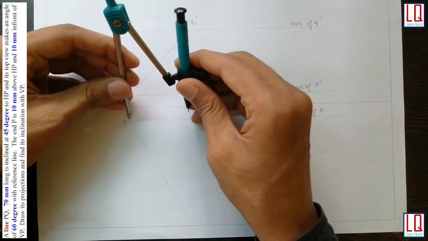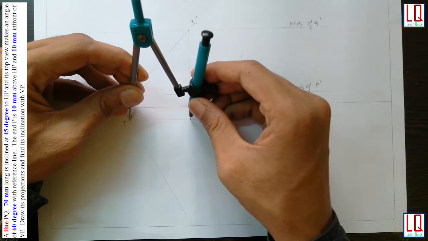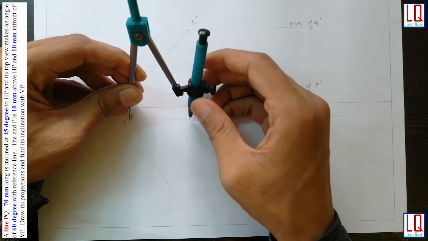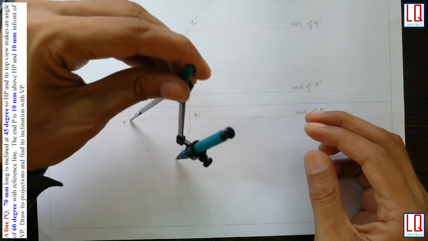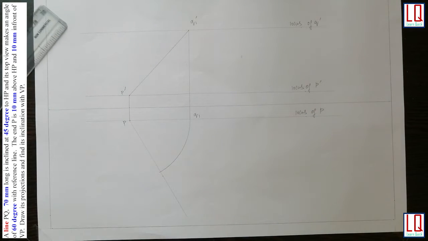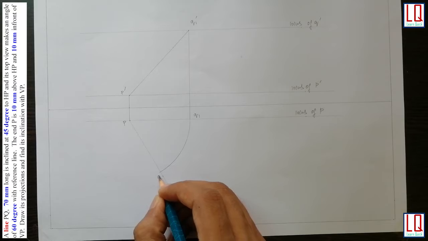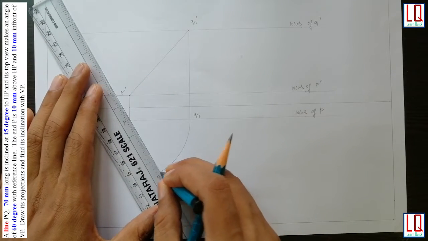Now with the help of compass, measure PQ1 and draw an arc to obtain the apparent length. Now mark this point as Q and make this apparent line with HB pencil.